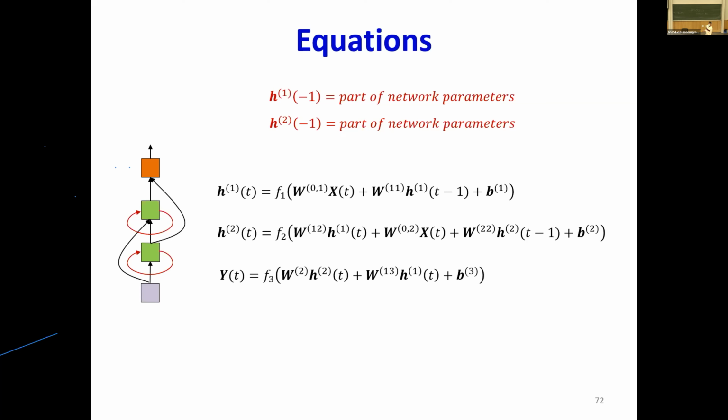And the output again is an activation operating on an affine function of the first and the second hidden states, right? So you get the general idea of how these things can be connected and what the recurrence looks like and what the recurrent and the non-recurrent parameters could be.